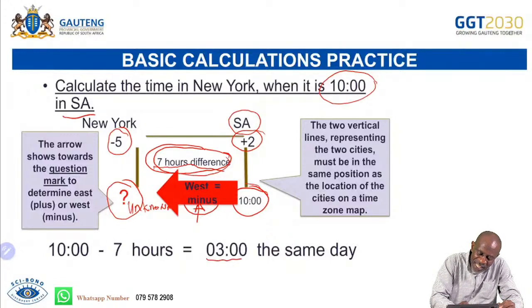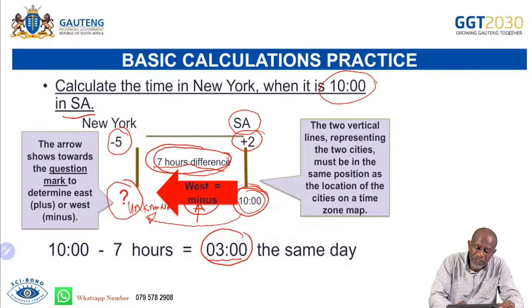So if the time here is 10 hours, which is the eastern region, and we want to determine from the west, we minus the time difference from the given time, and we remain with 3 hours. So if in South Africa is 10:00, then in New York is 03:00, and it is the same day.